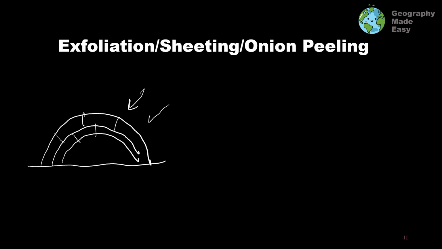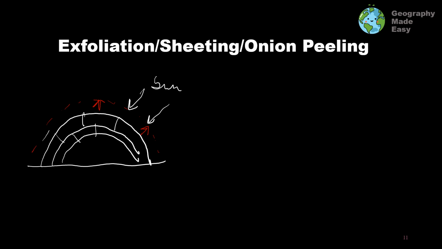So the sun's rays are falling on this rock and it is becoming very hot, and the outer layer is expanding. So the outer layer is expanding, again it is contracting.